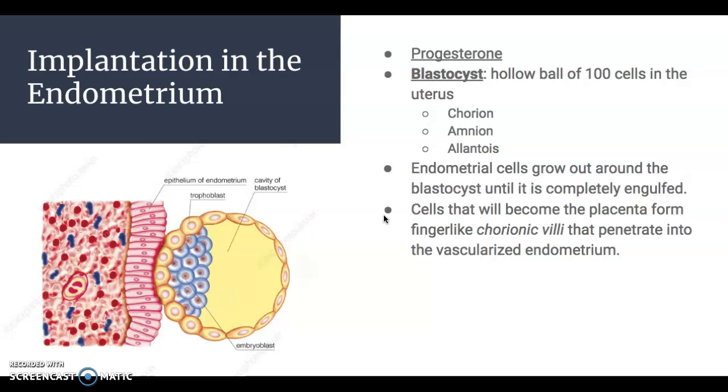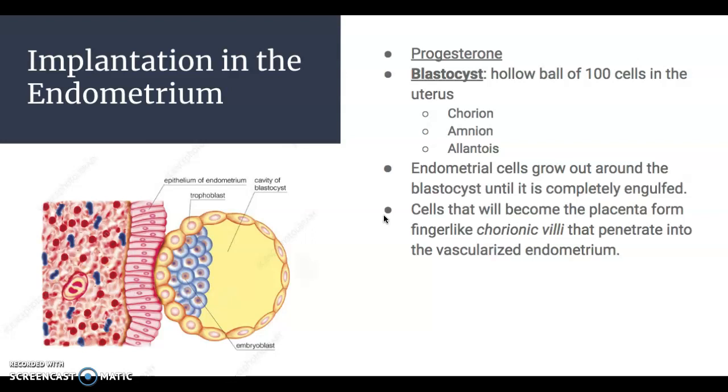The inner cell mass of the blastocyst will develop into the embryo and into 3 other extra embryonic membranes. These membranes are the amnion, which secretes amniotic fluid, in which the developing embryo floats; the allantois, which becomes part of the umbilical cord that links the embryo to the mother; and the yolk sac, which degenerates early in human development.